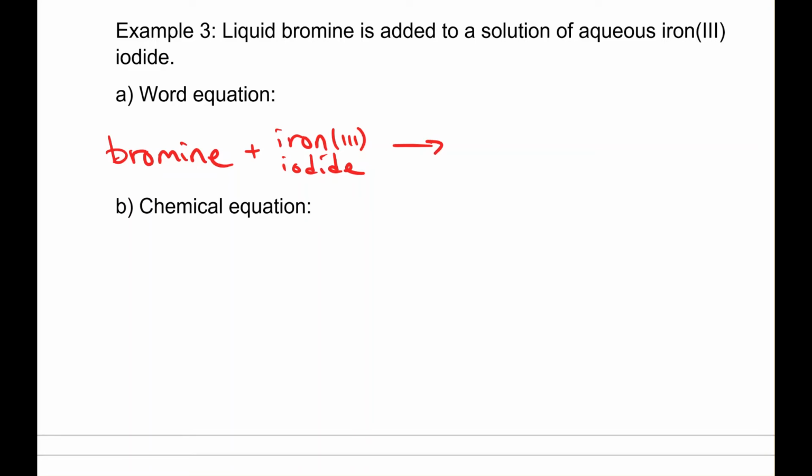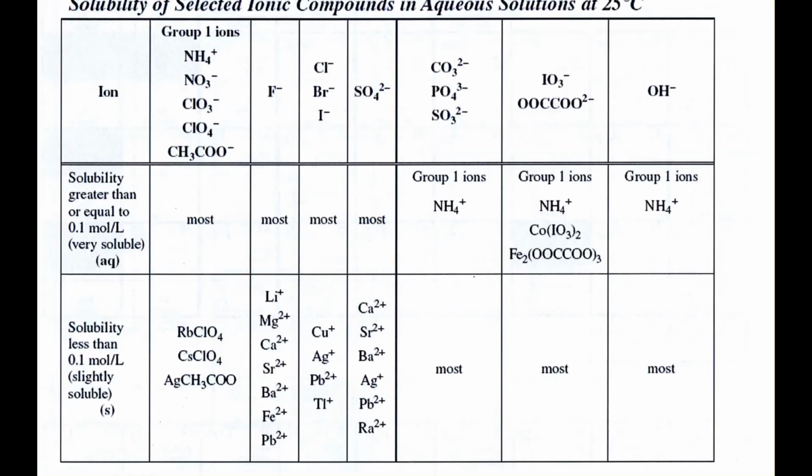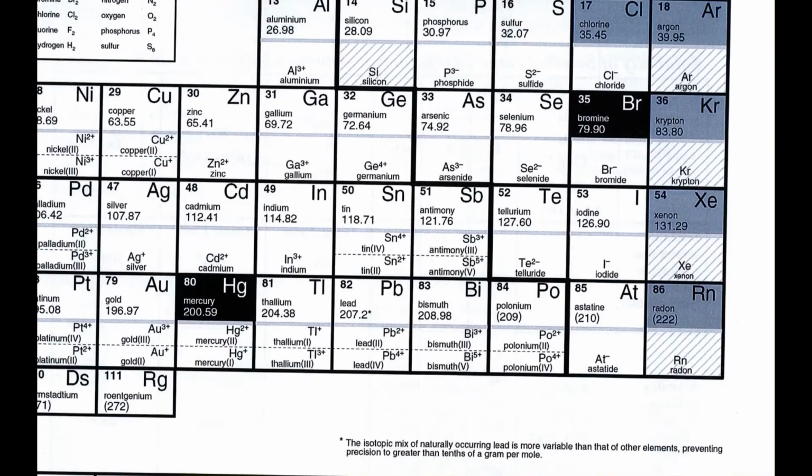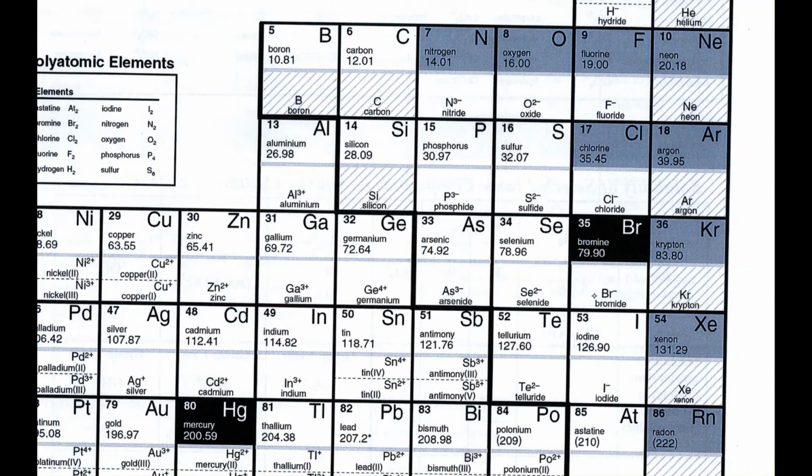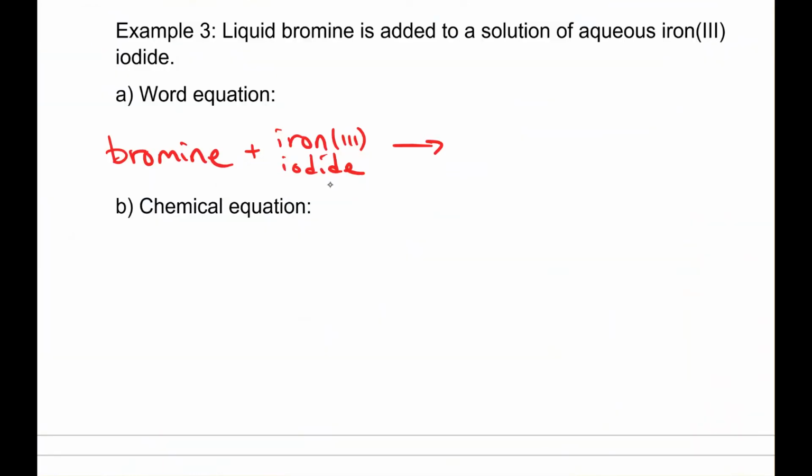I mean, it has no charge right now, but could it be positive or could it be negative? Bromine could act as an anion. So it's going to kick out whatever the anion is, which is iodide. So bromine is going to replace the iodide, and the iodide is going to get kicked out. So we'll get iron, same thing, the iron hasn't been changed. Bromide plus iodine. Okay, no problem.